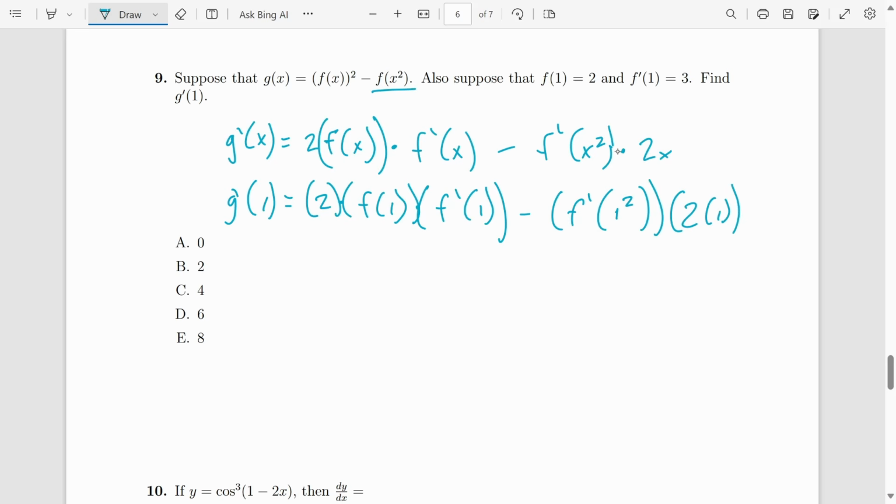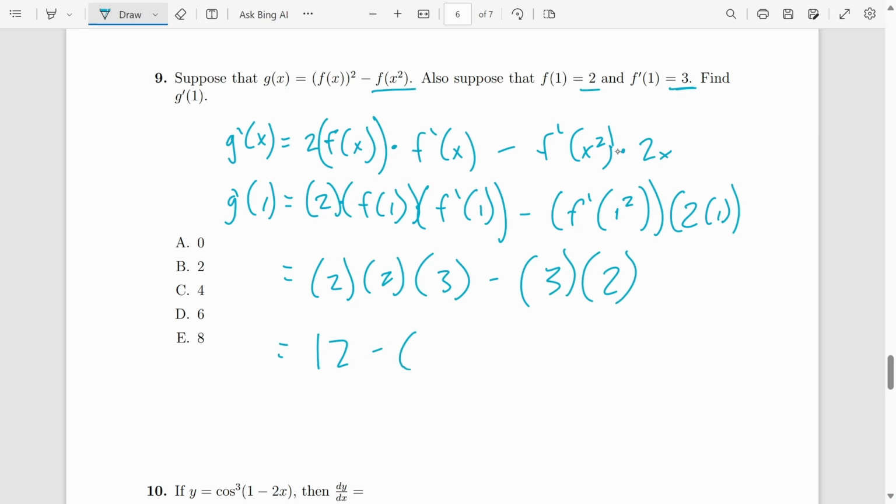Simplifying, we get 2 times f of 1 is 2, times f prime of 1 is 3, minus f prime of 1 is 3 times 2. Simplifying, we get 4 times 3 is 12, minus 6 equals 6. D.